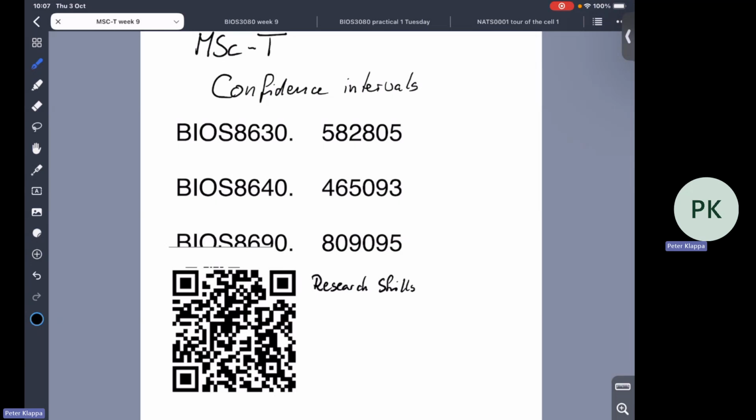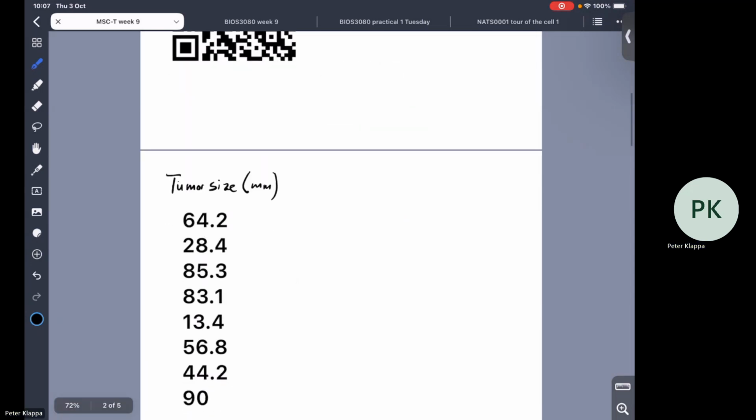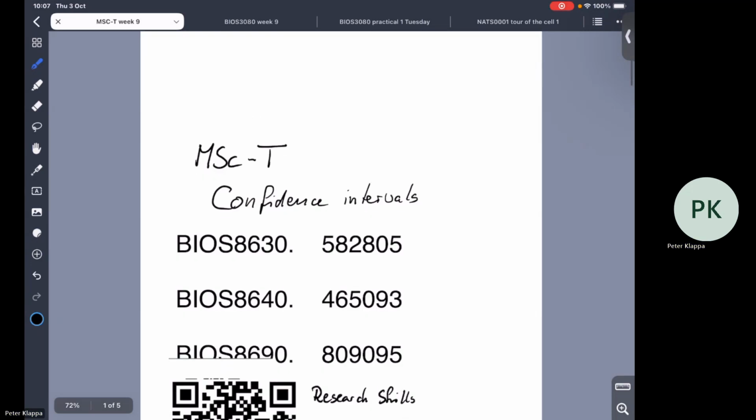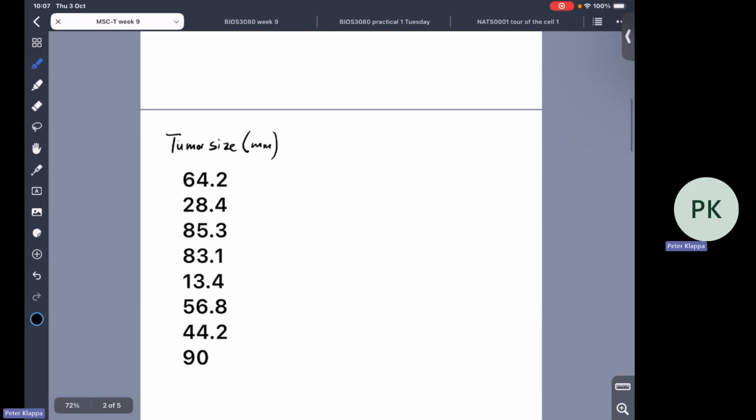Let's say I measure the height of 10 people: 178 centimeters, 165 centimeters, and so on and so forth. Or, for example, here I made up some data.